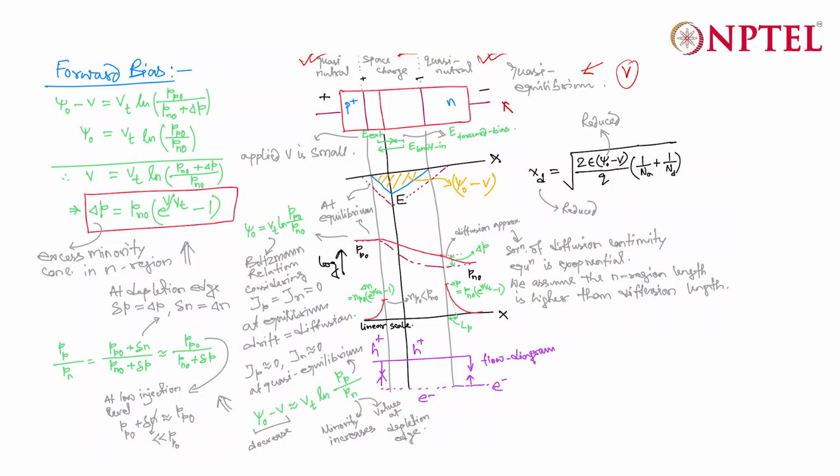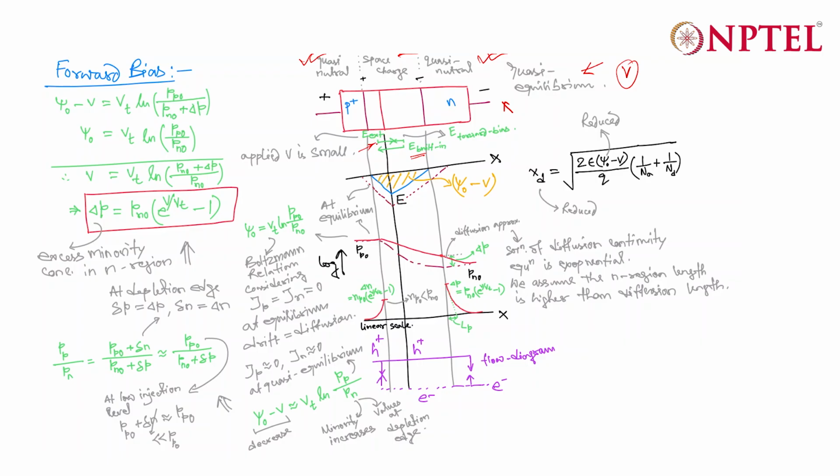Now, we already have discussed, once there is a space charge region, there will be a built-in electric field, and the built-in electric field will be from N to P. And then you have applied a very small voltage V. So you will have an electric field due to external voltage, that is shown over here, which is termed as E external.